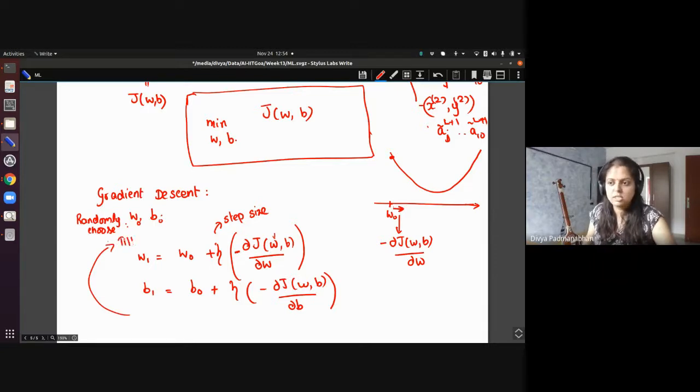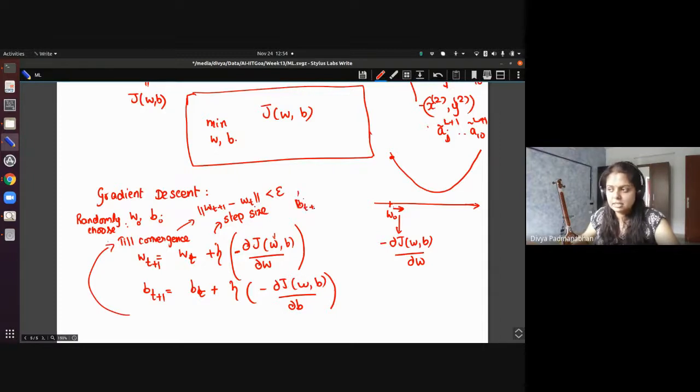So till convergence, you keep doing this. More generally, you're going to have WT, and at time t plus 1, you're going to do this. You keep doing this till convergence. What convergence means is that the difference between WT plus 1 and WT is less than some small epsilon, and maybe even for BT plus 1.